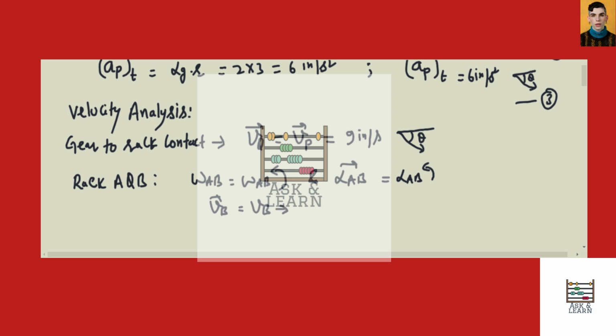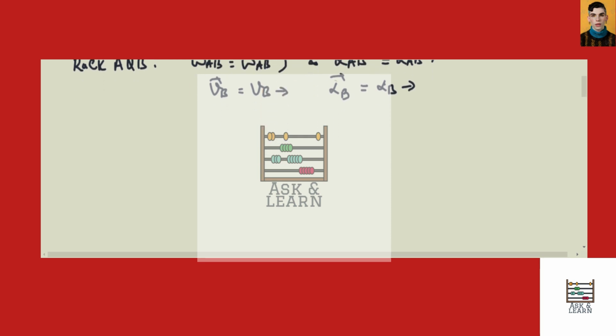Velocity of B towards right, acceleration of B towards right. Velocity of B can be written as 9.